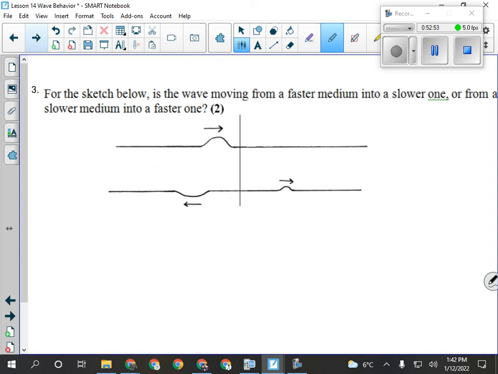Yeah, and it's right, so here's our original wave. Okay, it's quite long. Here the wave is quite short. We have quite a bit of wave energy being reflected back, and it's reflected back inverted. Okay, all of those are signs that this medium is slower than the first one. Okay, I'd ask you a very similar thing to that on your unit exam in a multiple choice question.